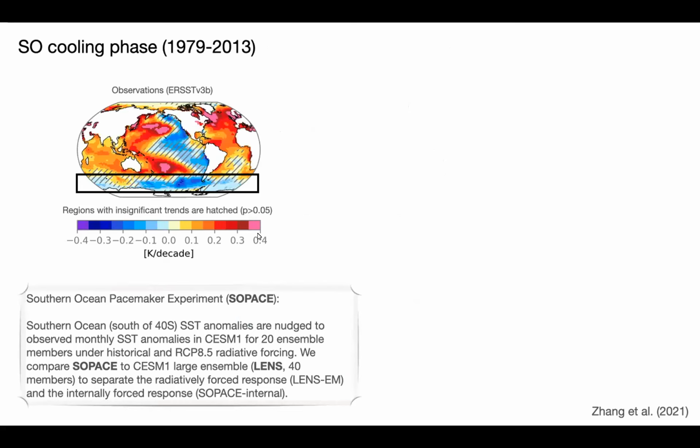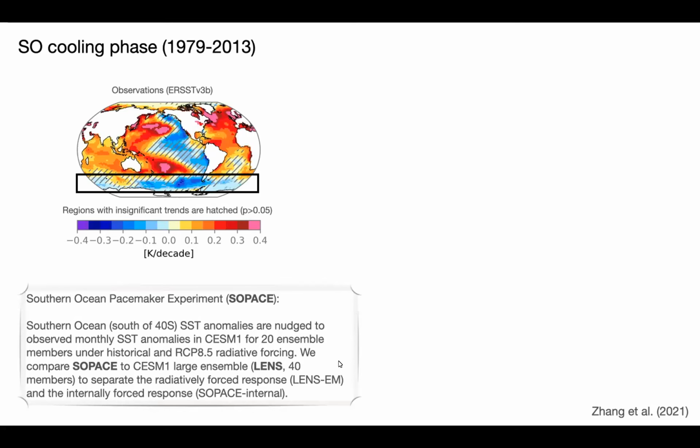What we did was to nudge the Southern Ocean SST anomalies in CESM1, a coupled climate model, to the observed monthly SST anomalies. And we ran 20 different ensemble members under historical and RCP 8.5 radiative forcing. So we have this SO-PACE ensemble, and what we can do is compare that to the large ensemble of CESM1, which has 40 members.